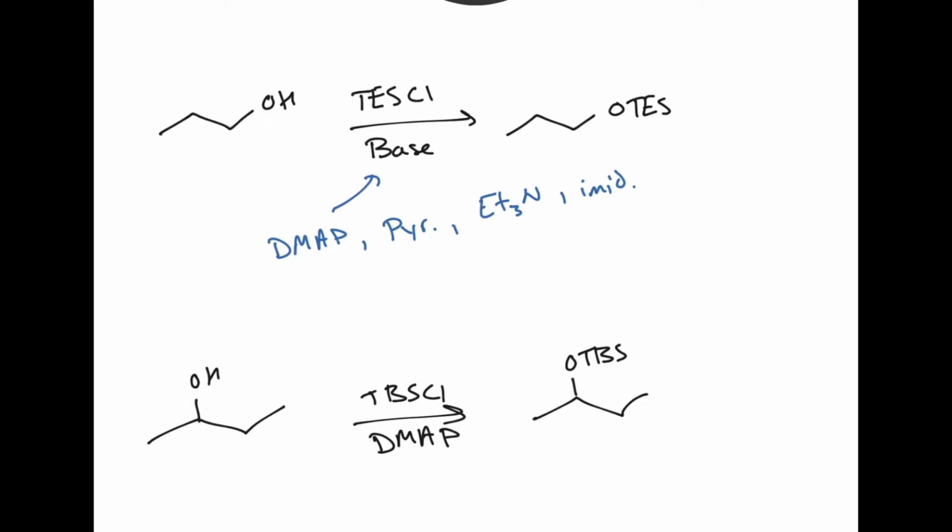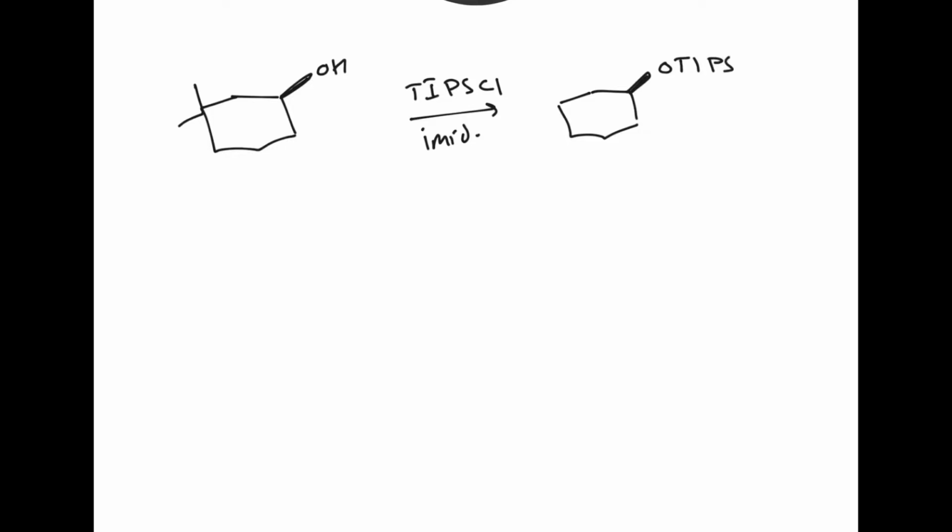So if I had a chiral alcohol, and I'm like, I want to add TIPS chloride and imidazole, I'm going to keep that chirality on my alcohol. I'm not doing anything to it. I'm not reacting with the carbon-oxygen bond. I'm reacting with the oxygen-hydrogen bond effectively.